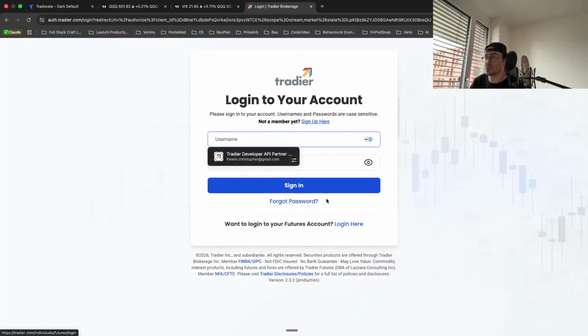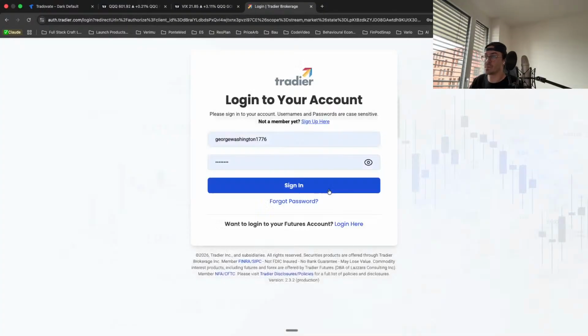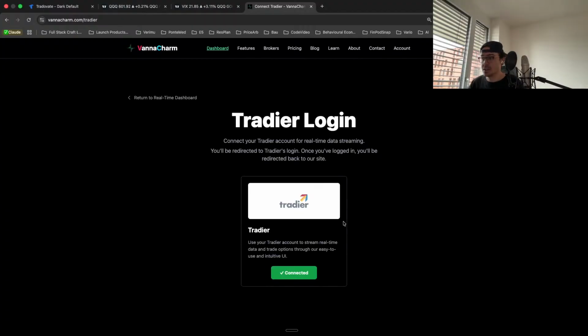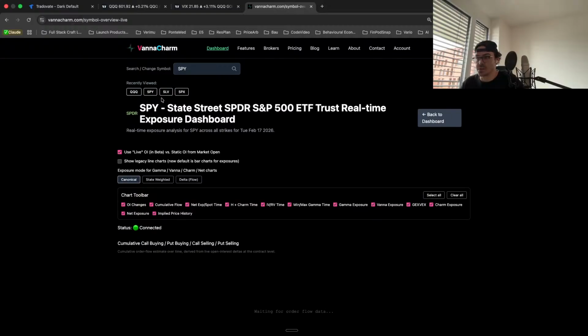Tradier is our first fully integrated broker. We're hoping to add TradeStation very soon, as well as Tastyworks, but there's still communication and paperwork and tests that need to be done for us to get that going.